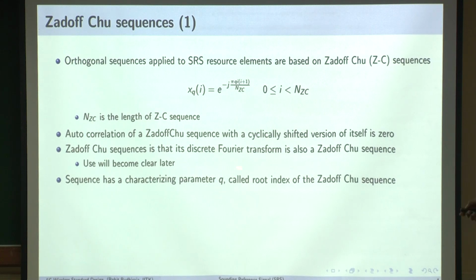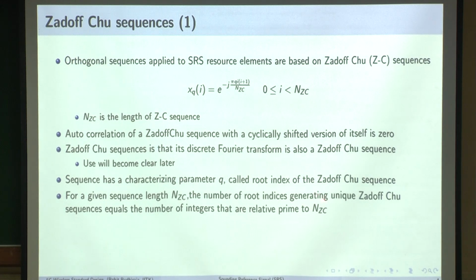This characterizing parameter q needs to follow certain properties. Let's say this is the sequence length N_ZC. For a given length, the number of root indices generating unique ZC sequences equals the number of integers that are relatively prime to N_ZC.